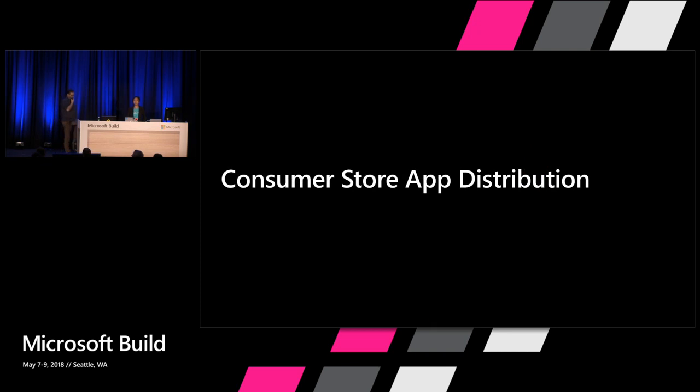And so let's take a step back and talk about distribution a little bit. If you've looked at UWP or Desktop Bridge in the past, about distributing those applications, mostly we've talked about it in the context of our Microsoft Store for consumers. In the Microsoft Store for consumers, we have a pretty high bar for applications.